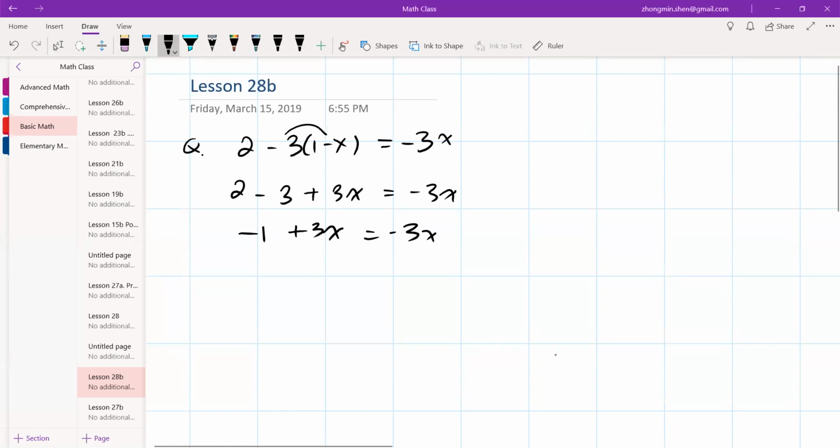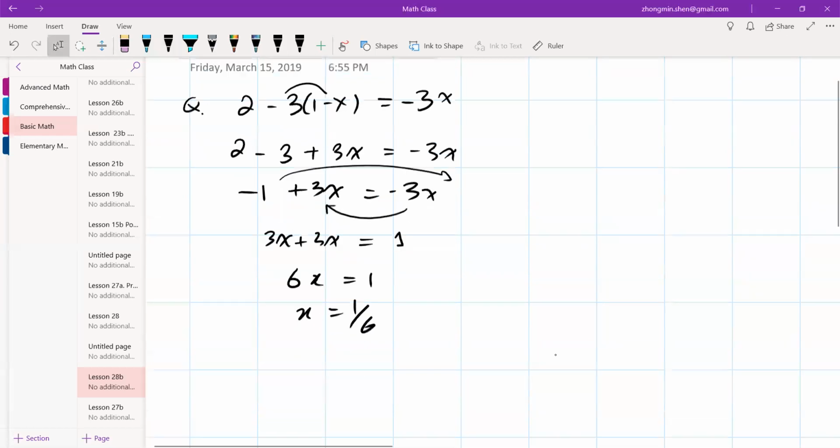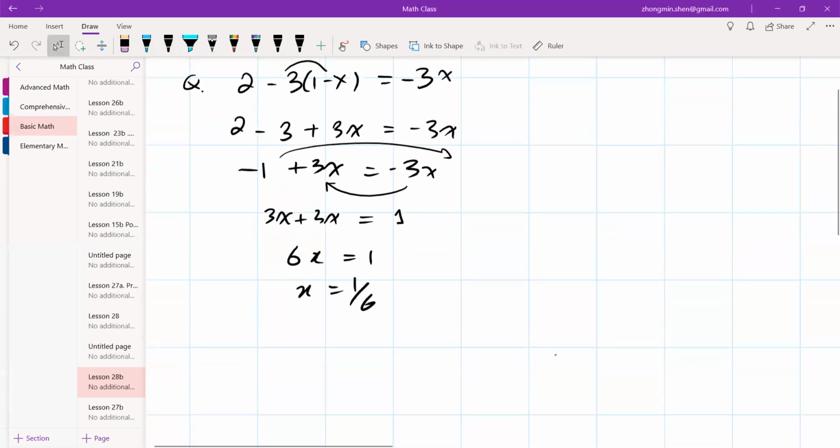Then you regroup them. So -1 should move to the right hand side, -3x moves to the right hand side, it becomes 3x plus 3x, and here's 1. So it'll be 6x equals 1, x equals 1/6. Okay, so everybody can do this, no question.